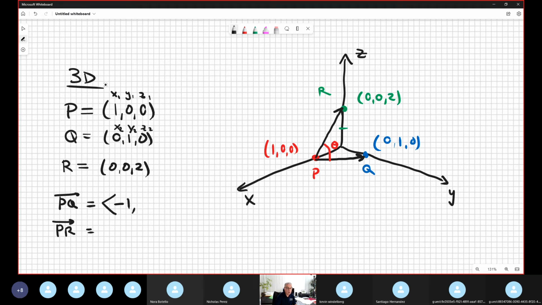Comma, 1 minus 0 is 1 positive. Comma, 0 minus 0 is 0. Do you see that position vector? Yes. PQ.